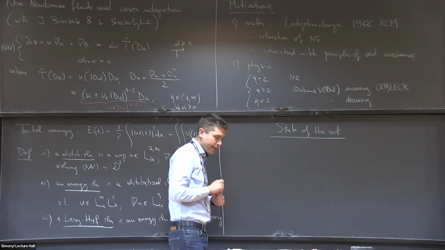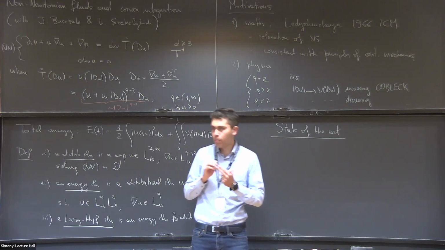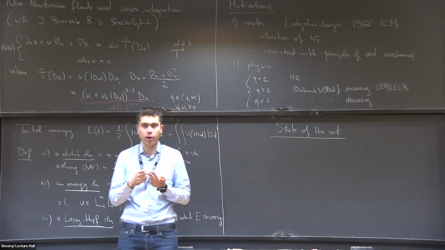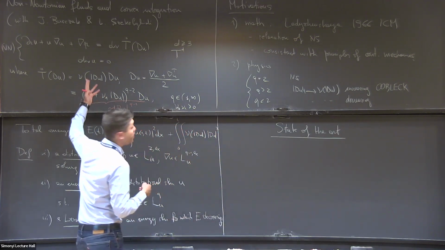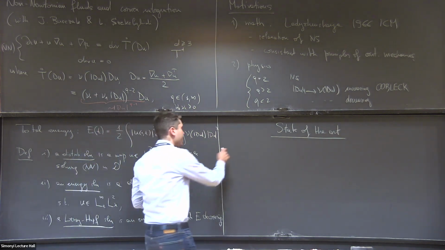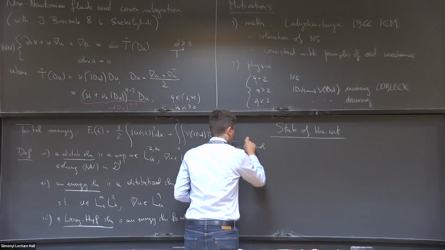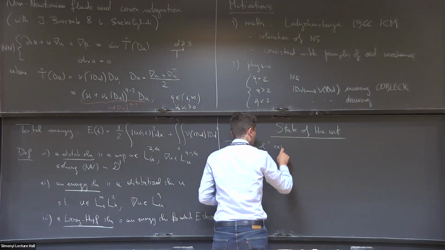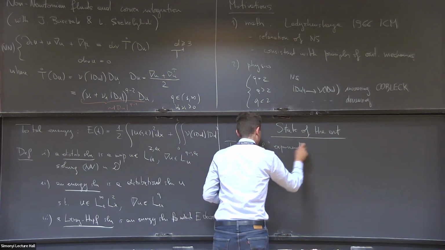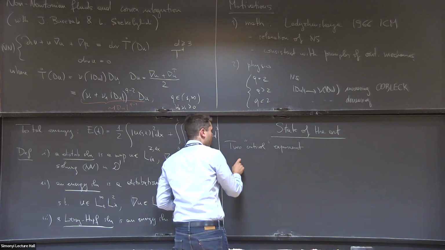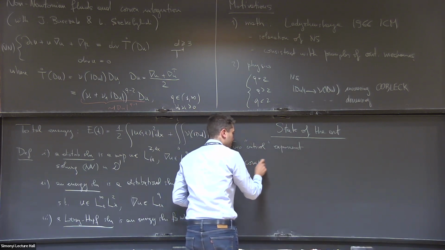Okay. So there are essentially two exponents which play a crucial role in this business for this equation. Let's say two critical exponents. One is what I will call the compactness exponent.